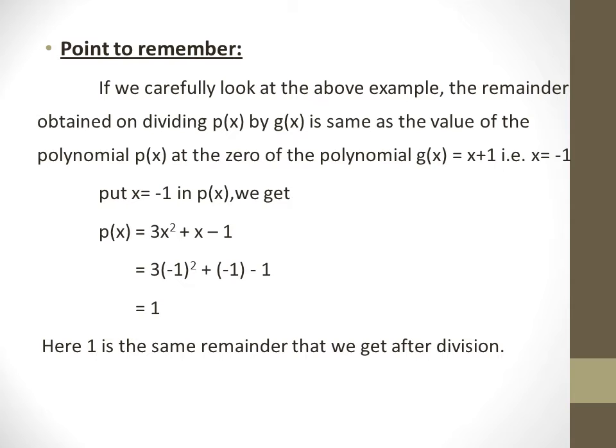You don't have to find the remainder by going through the long division process. If you want a quotient, then we have to go through long division. But if you want a remainder, this is the easiest way. You get the same remainder, but the time consumption is less.